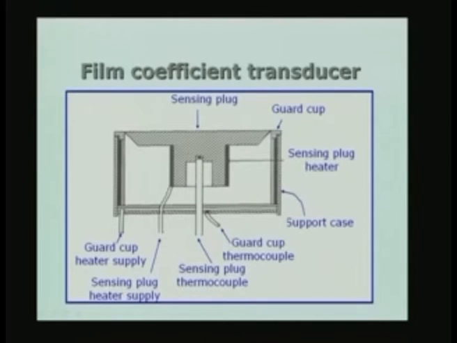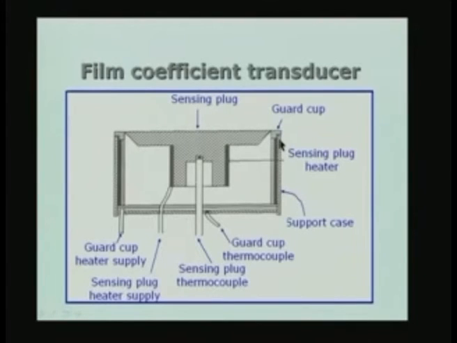And to guarantee that all the heat which is supplied to the plug is only leaving from the front, I have to surround the sensing plug by a guard cup which is independently heated, and of course, there is a very small gap between the sensing plug and the guard cup, that means there is no physical contact between them.